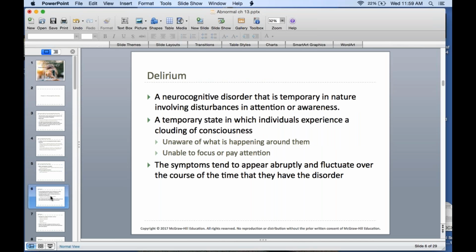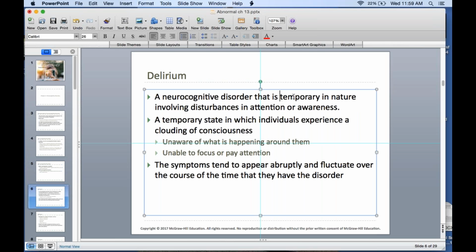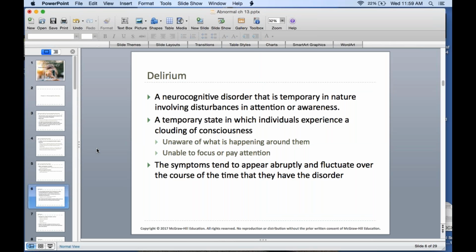Next term, delirium. We're going to need to know the difference between delirium and dementia. Delirium is a temporary state, and that's the word you really want to think about: temporary. It's a neurocognitive disorder that is temporary in nature. It involves disturbances in attention and disturbances in awareness.